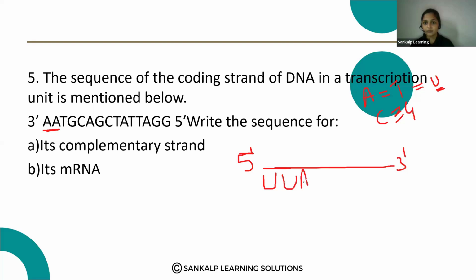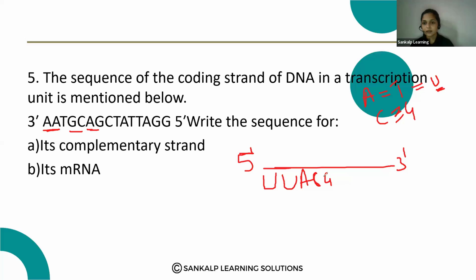So adenine, then G, so that is C, then G, U, A, and guanine binds with cytosine. Cytosine binds with guanine.